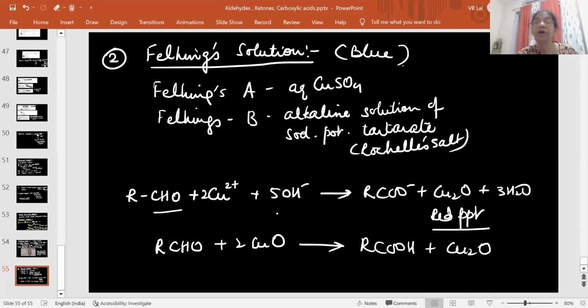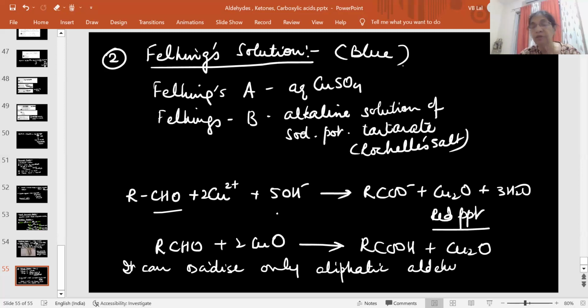Now why should you learn another mild oxidizing agent? This mild oxidizing agent can oxidize only aliphatic aldehydes. That means it can be used to distinguish between benzaldehyde and formaldehyde.